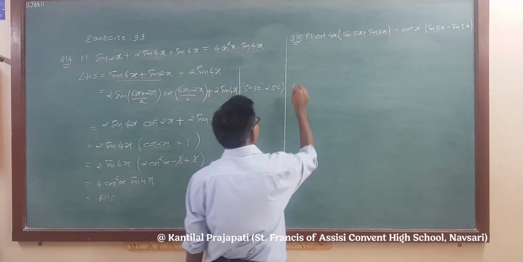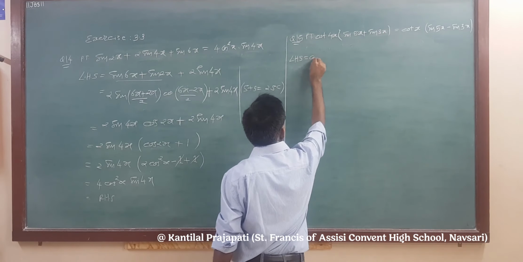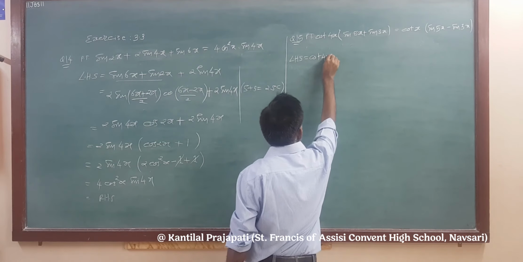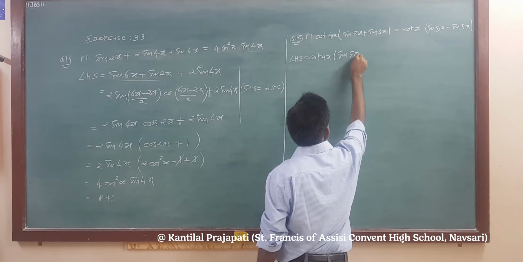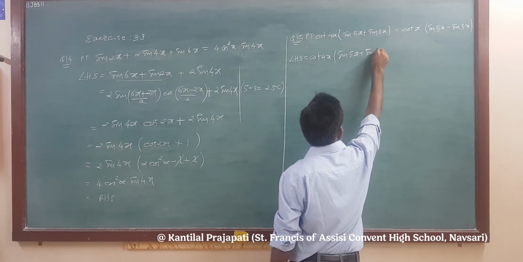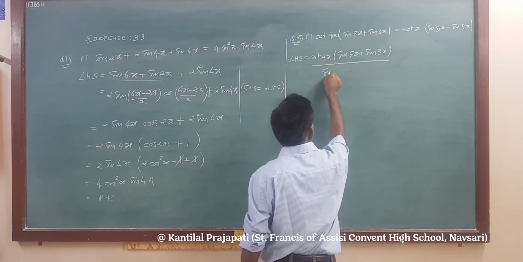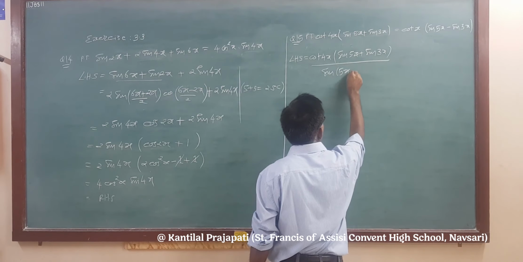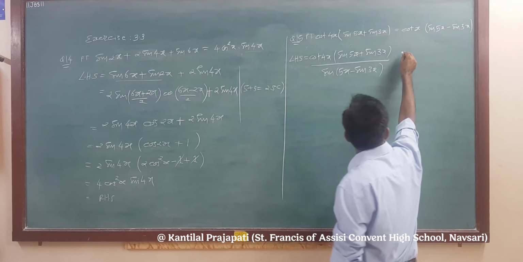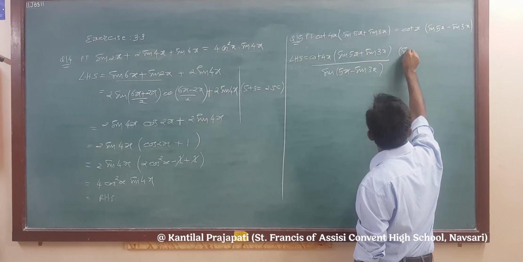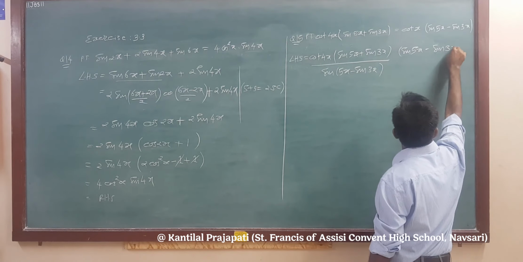So we simplify, and the LHS is equal to cot 4x into sin 5x plus sin 3x divided by sin 5x minus sin 3x, into multiplied by this sin 5x minus sin 3x.